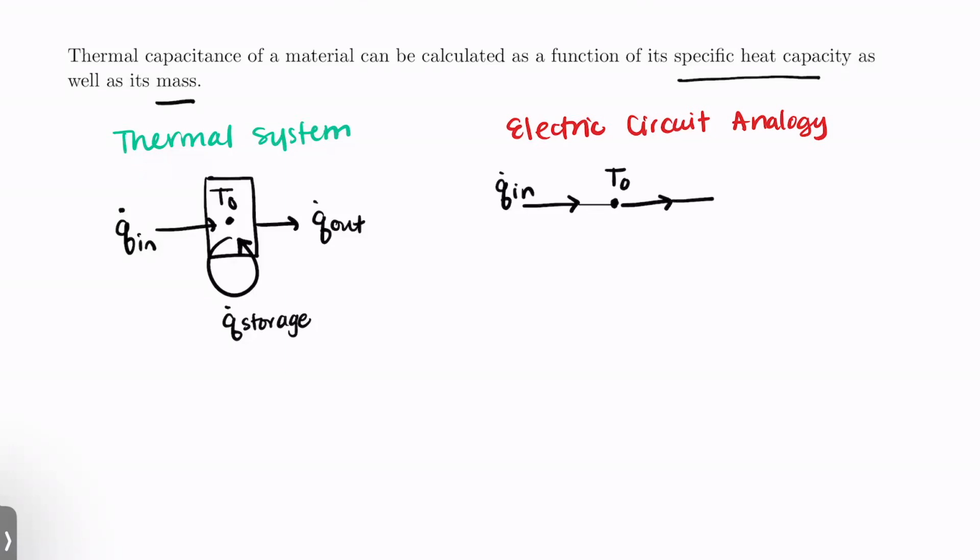And then we have Q dot flowing out. And then we also have Q dot storage, and that's going to a capacitor, which is connected to ground. And our capacitor is C.